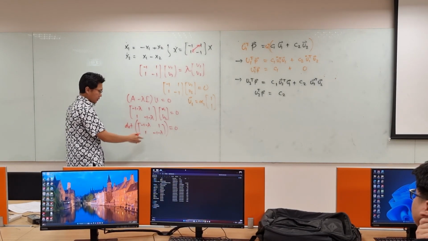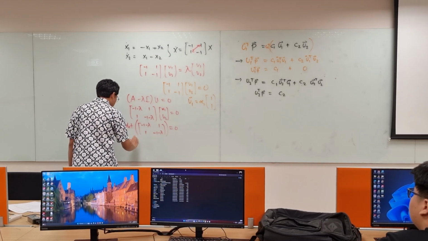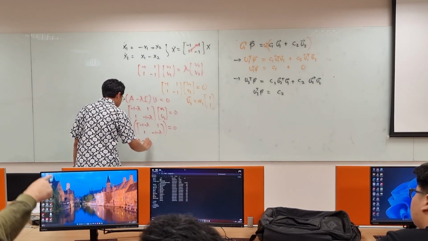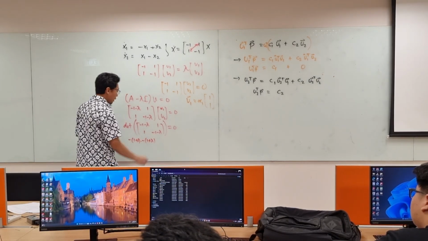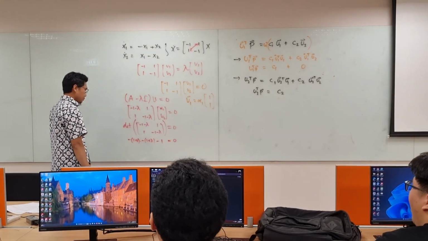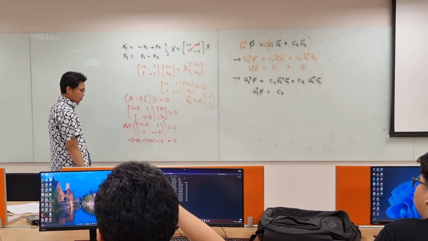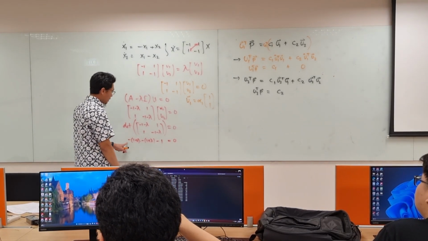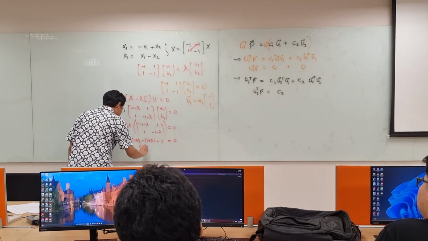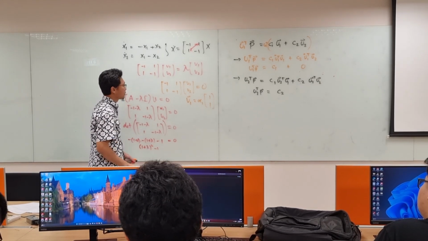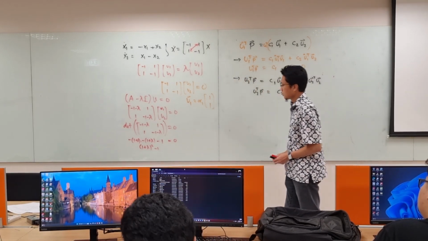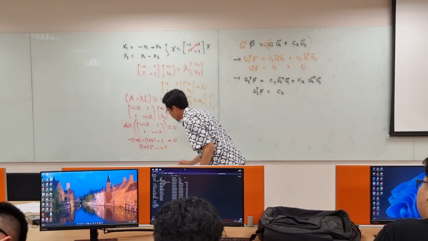So it will be minus 1 plus lambda, multiplied by minus 1 plus lambda, and then this is minus 1. So it will be just 1 plus lambda squared, minus 1. Okay, this is equal to 0.